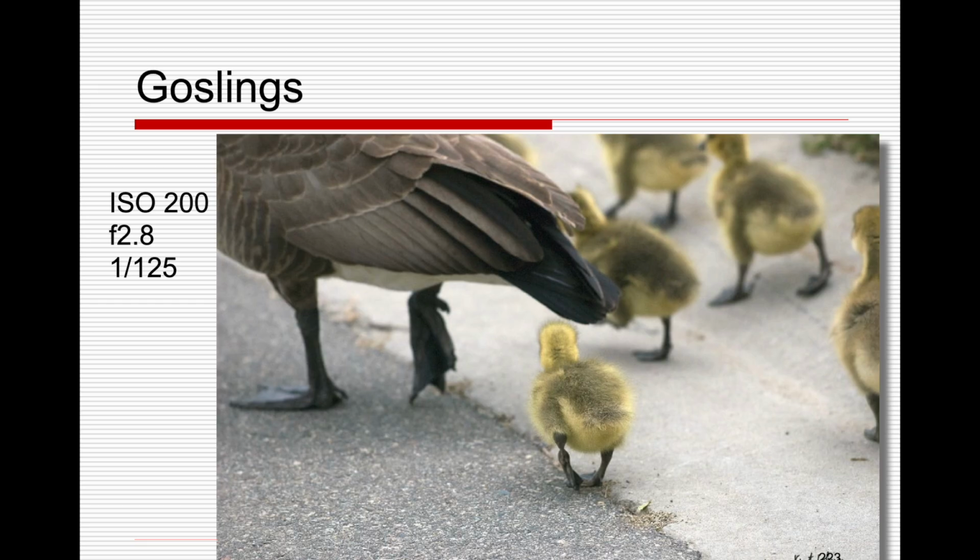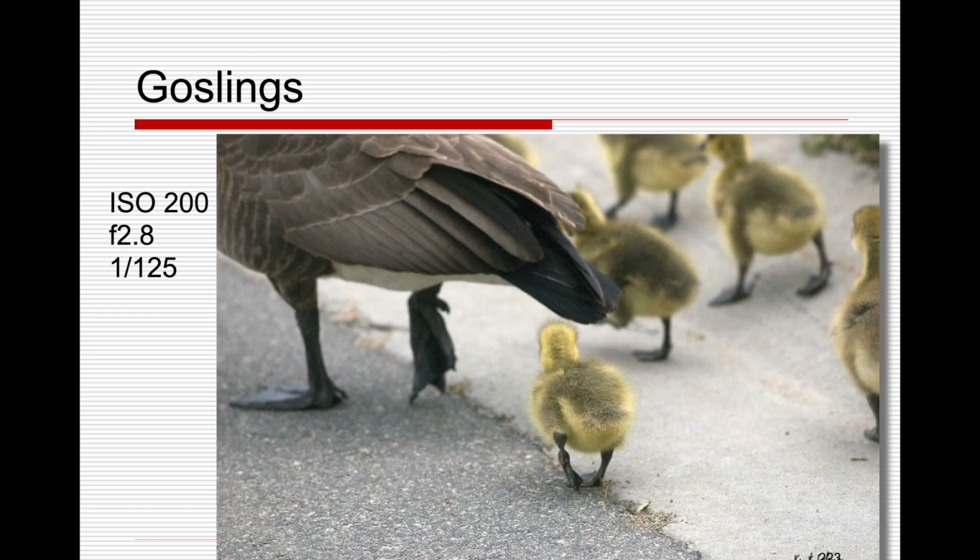For an example, these goslings were walking down a city street in a residential area, and I was able to follow them enough where I can make several shots, and this is among one of my favorites of the grouping. Now, a couple of things about this picture.